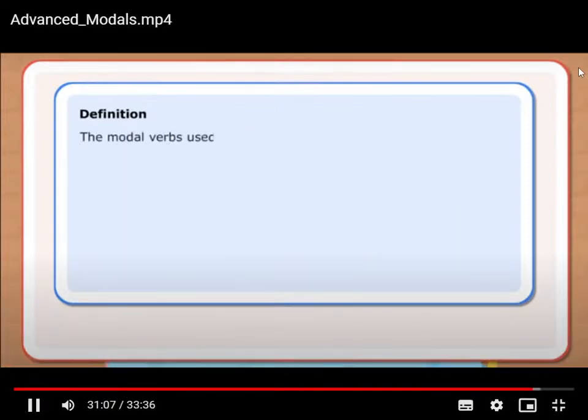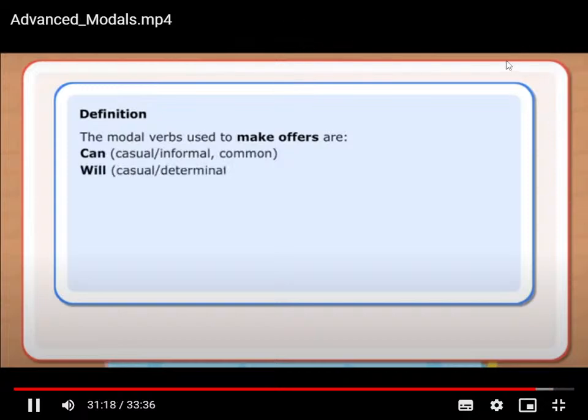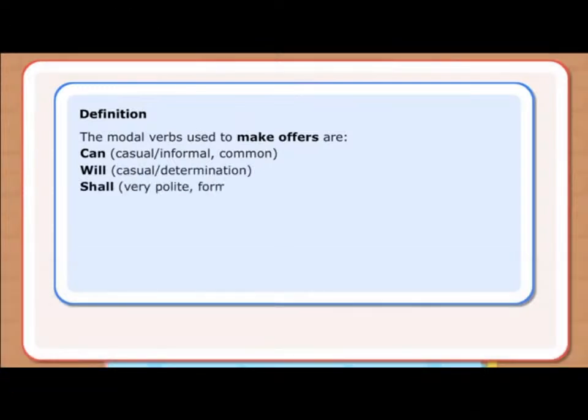The modal verbs used to make offers are: can, casual, informal, common; will, casual, determination; shall, very polite, formal, less common.